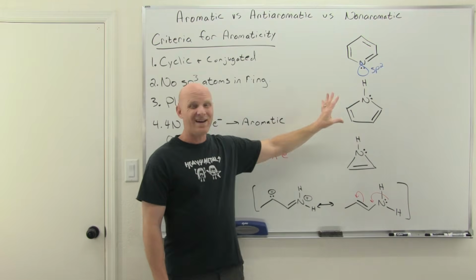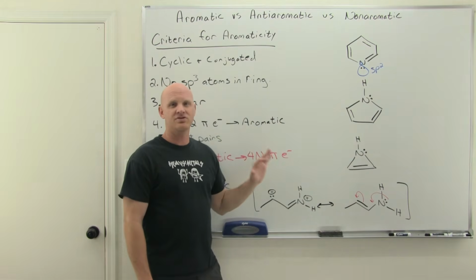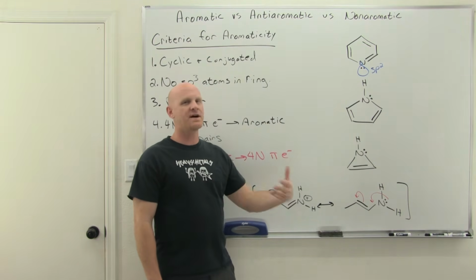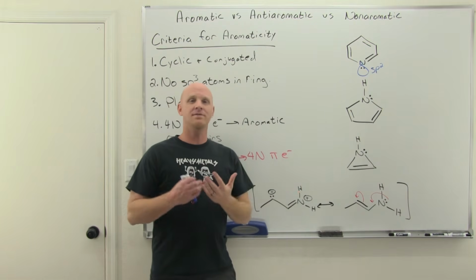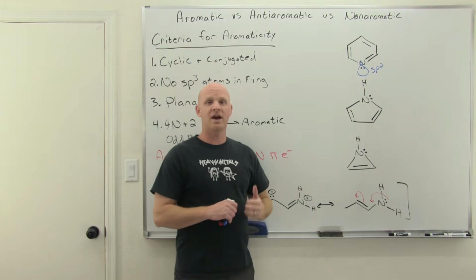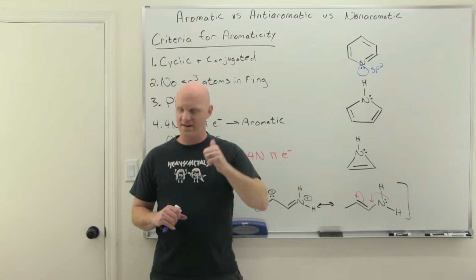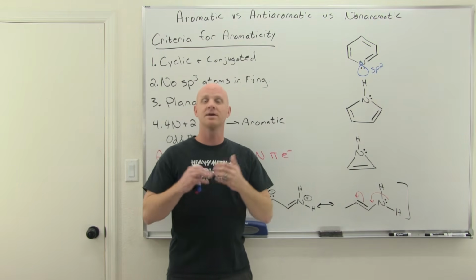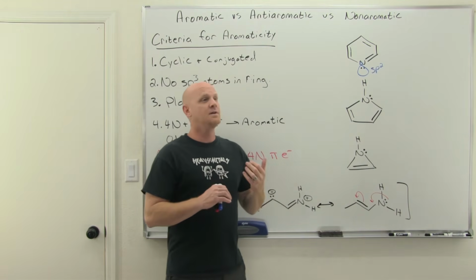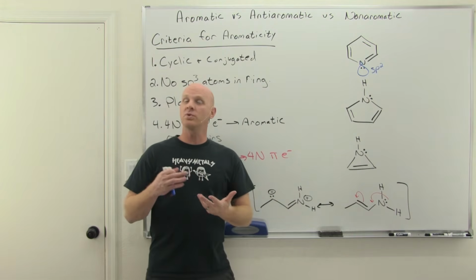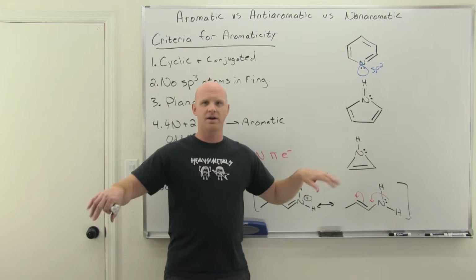But with a ring, it gets a little bit complicated. It has a choice in a ring. It can be part of the pi system or not, depending on whether it makes it more stable. If it makes it more stable and it becomes aromatic, then it's definitely going to participate in resonance, be part of the pi system, be part of a delocalized system. But if it makes it less stable, if it actually turns it into an anti-aromatic compound, then it says, no, I'm not going to do that.